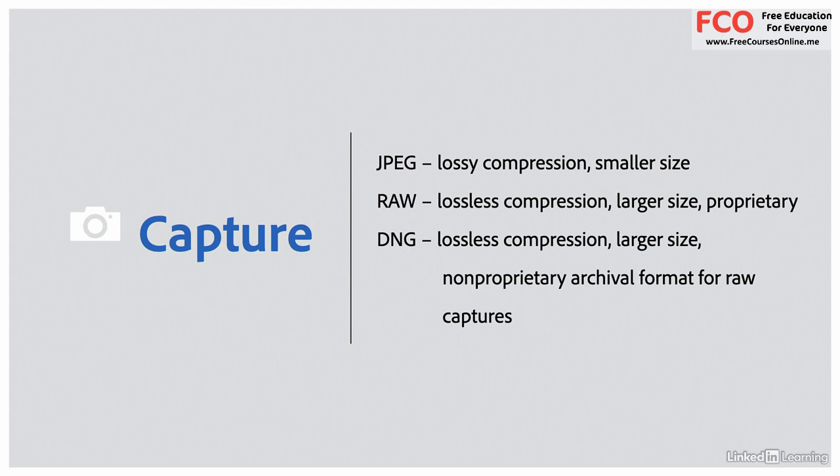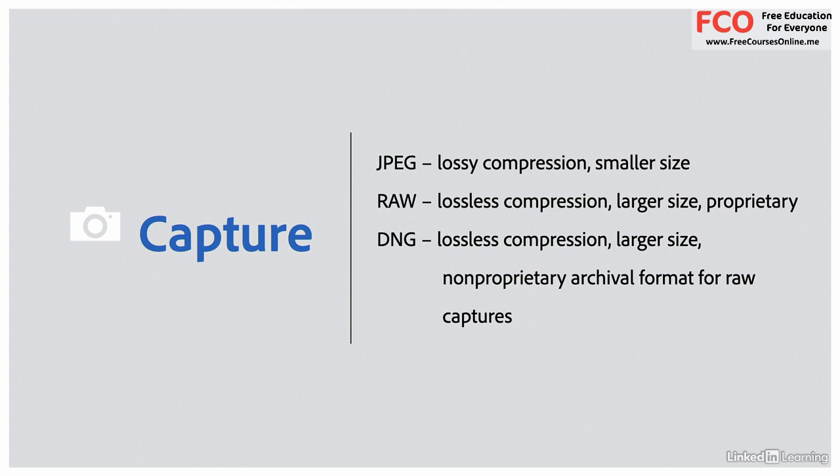The DNG format, the digital negative, is another raw file format, but it has a significant difference. It's not a proprietary file format. So the DNG format was created by Adobe with the intent of DNG becoming the archival format for all digital images. So Adobe makes its file specifications available to other software developers.